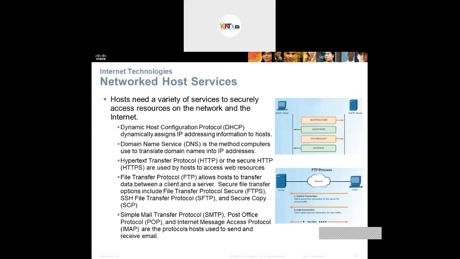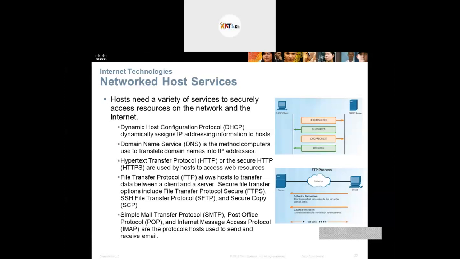Networked hosts and services. Now we have what we call the Dynamic Host Configuration Protocol, which is the automatic assignment of IP addresses to hosts on the network, or dynamically assigning IP addresses.